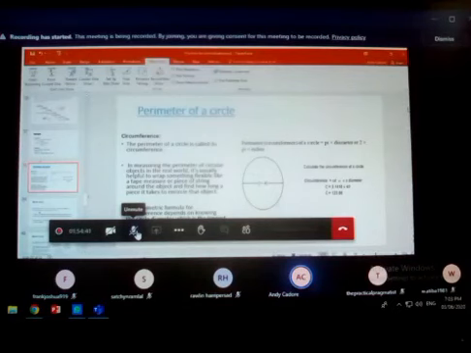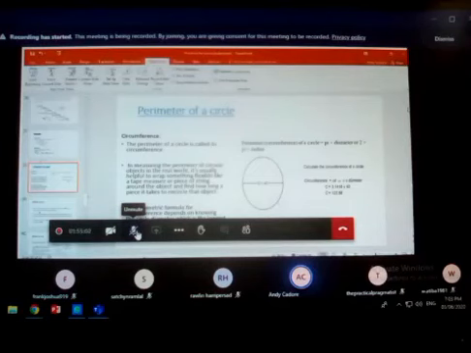Let me just do a brief example. Let me just do one circle. So everybody, I want you to just draw a circle. Then you draw a line across the circle representing the diameter.